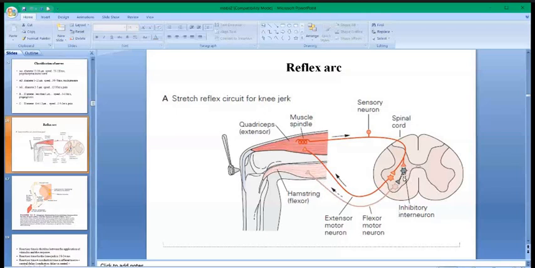The neurotransmitter is GABA, gamma aminobutyric acid, or glycine. So this motor neuron inhibits, the inhibitory impulse is carried, and the hamstring, which is the flexor muscle, is relaxing. So this muscle is contracting, this muscle is relaxing. So there will be a knee jerk. Am I clear?